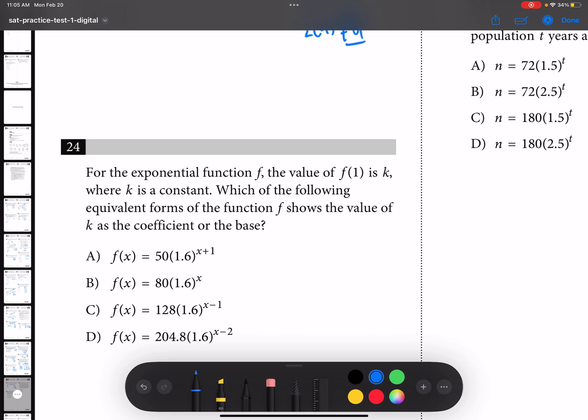To see that, we have to get it so that the 1 would bring the exponent to 0. If we see that here, 1 plus 1 would give us 2. So that's definitely not the answer. Here, we'd be left with 1. That's not the answer either. Here, we'd be left with negative 1. That's not the answer here. So I would go with C, because if we get 1 minus 1, that would be 0. And 1.6 to the power of 0 would give us 1. And we need 1 as our constant, which is 128 times 1 will give us 128. So C would be the answer.